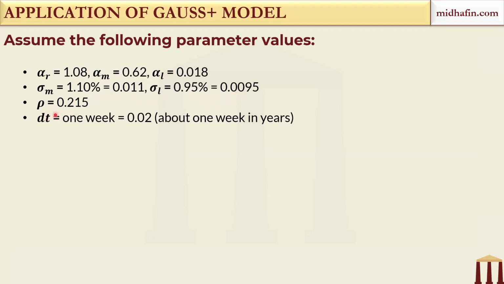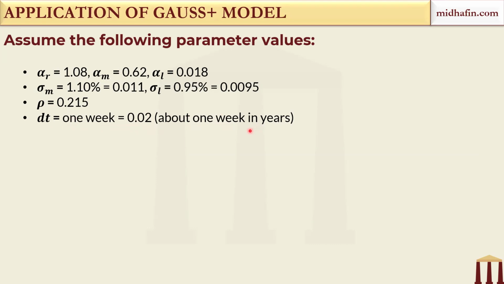The correlation rho between the medium-term and long-term factors is 0.215, which has been assumed. We are simulating weekly changes, so our time step will be 0.02, which is about 1 week in years.